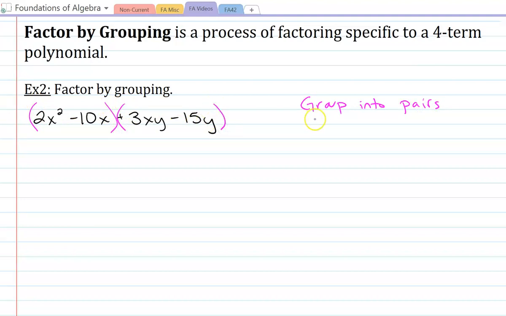And now we're going to factor out the GCF of each pair. So the GCF of 2x squared minus 10x, all by itself, would be 2x, right? And we're going to divide each of the terms by that GCF.